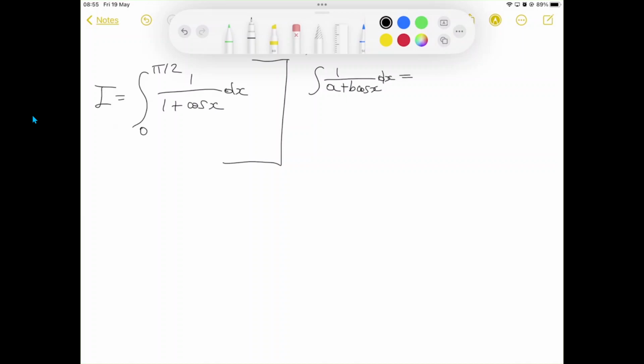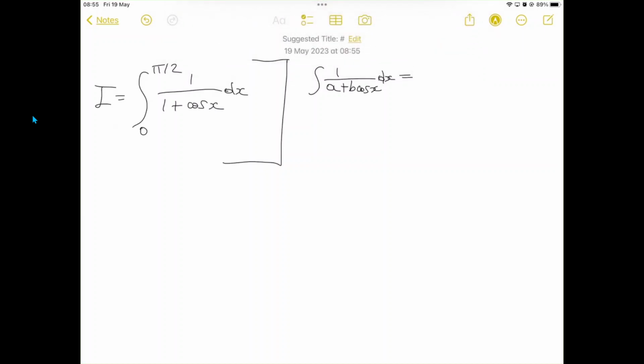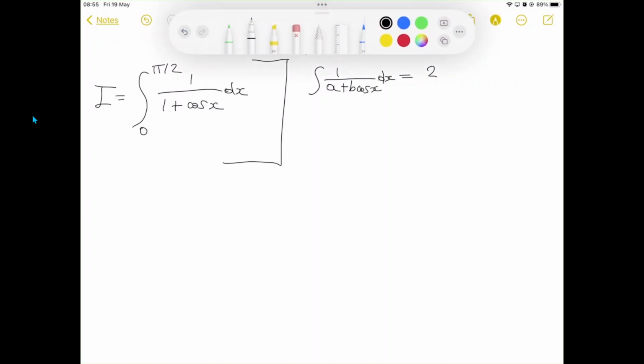I used a Weierstrass substitution to prove that this equals 2 root a plus b over a minus b, all over a plus b, multiplied by the arctangent of tangent of x over 2 over root a plus b over a minus b, of course with the plus c at the end.